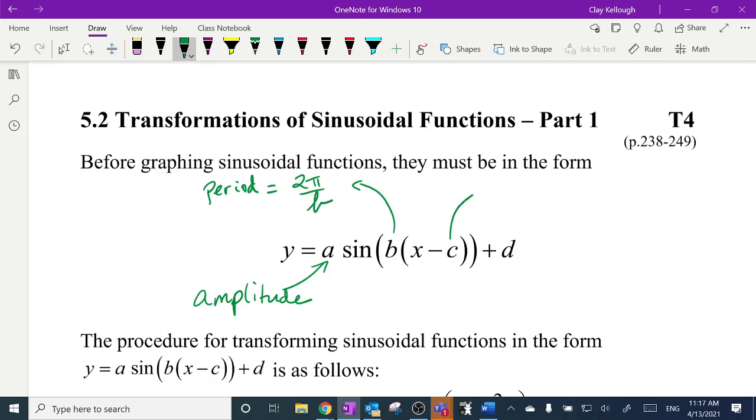C is, just like it was before, my horizontal shift. And D is what we call our vertical shift.